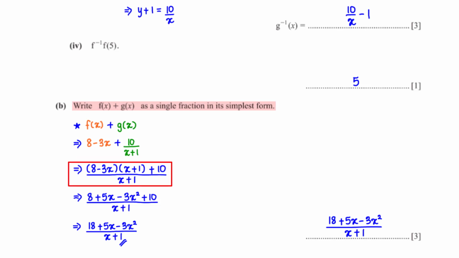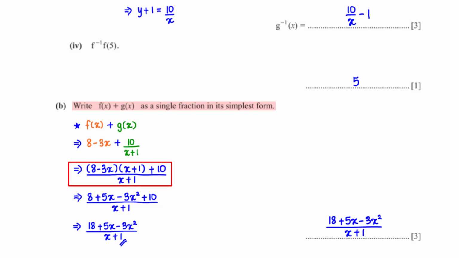For 8 minus 3x over 1, since we multiplied the denominator, which is 1, by x plus 1 to get the LCM, we also need to multiply the numerator by x plus 1, which gives us 8 minus 3x times x plus 1. For 10 over x plus 1, since we multiplied the denominator, which is x plus 1, by 1 to get the LCM, we also need to multiply the numerator by 1.